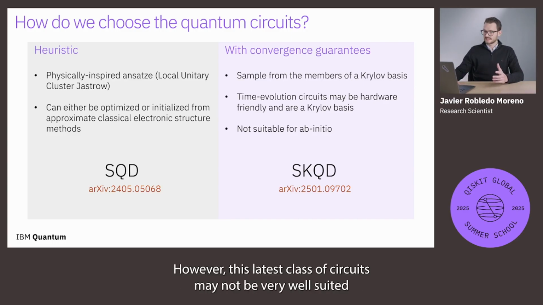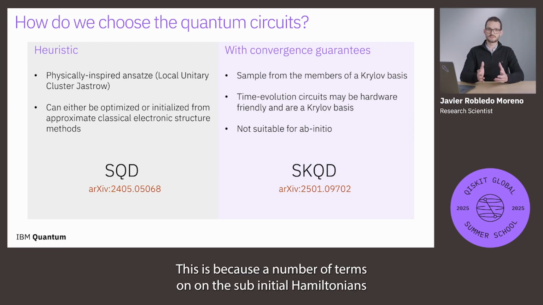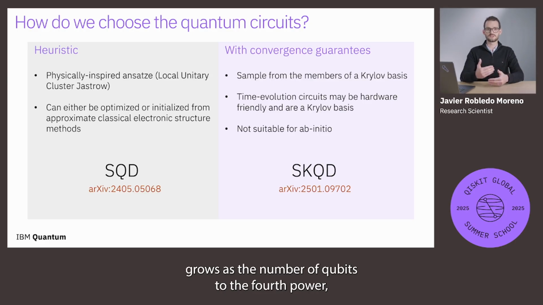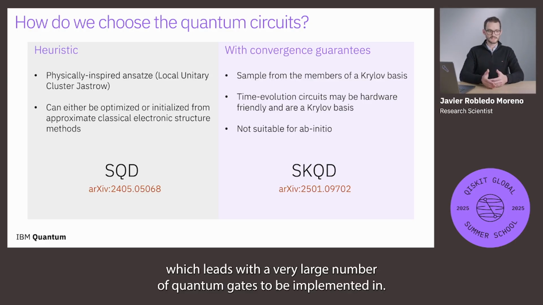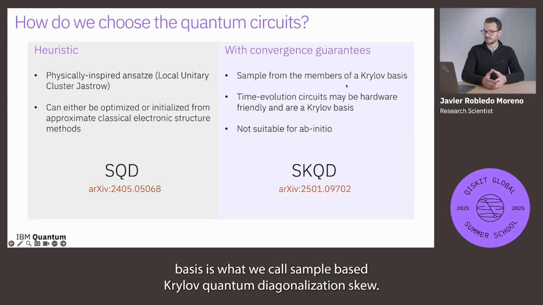However, this latter class of circuits may not be very well suited to describe ab initio Hamiltonians, or directly molecular Hamiltonians. This is because the number of terms in these ab initio Hamiltonians grows as the number of qubits to the fourth power, which leads to a very large number of quantum gates to be implemented in the quantum device if we want to implement the time evolution. Sampling from members of a Krylov basis is what we call sample-based Krylov quantum diagonalization, SKQD in short.